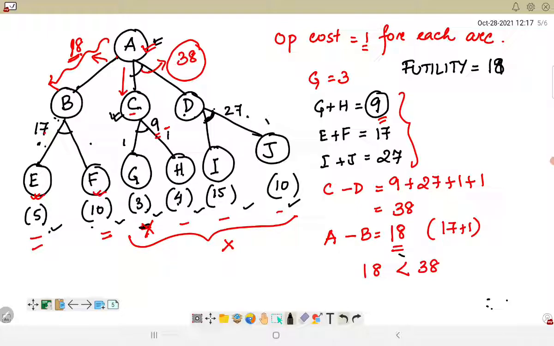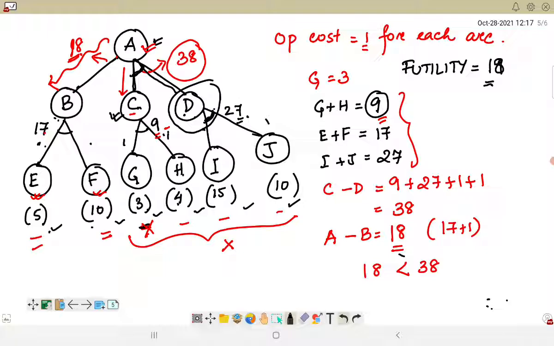So 17 and 19 are lesser than 18, but 27 is greater than 18. So automatically this entire node does not need to be examined at all. And since this node is a part of the AND arc, this entire arc does not need to be examined further.